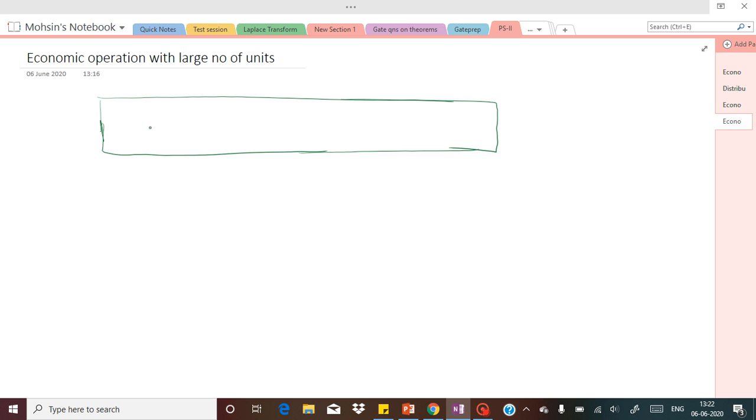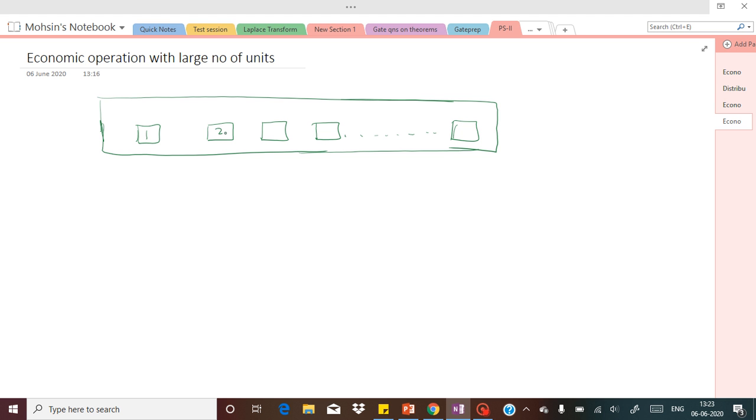So here a large number of units can be considered. Suppose there is a very big power plant which is having a large number of units operating in it. Say here unit 1, unit 2, unit 3, unit 4, so on up to unit M. There might be 5 to 6 units operating here.